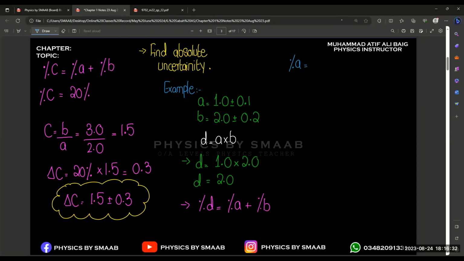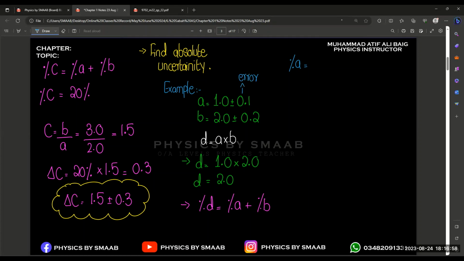We are going to calculate the percentage error of A, so we only focus on A. Basically, there is an error of 0.1. So the minimum value can be 0.9 and the maximum is 1.1. Your total range will be 0.9 till 1.1.